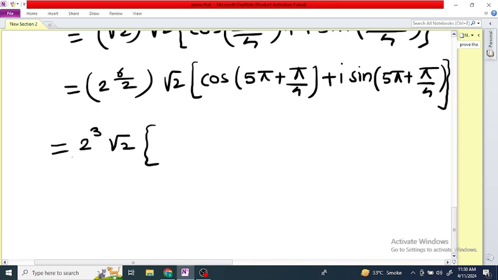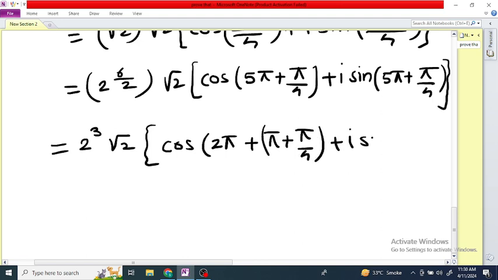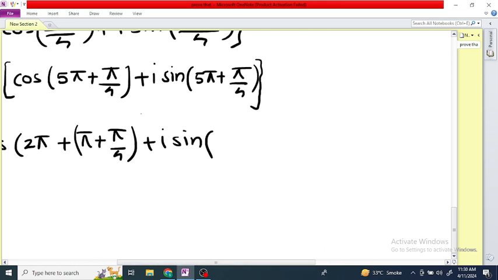Now we can write this as cos of 4 pi plus pi by 4 plus i times sin of 4 pi plus pi by 4.